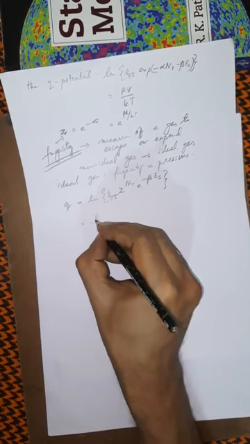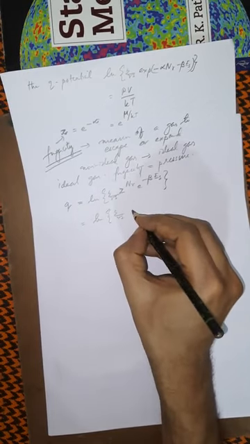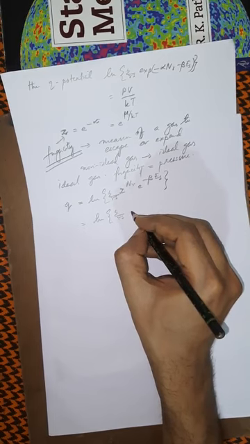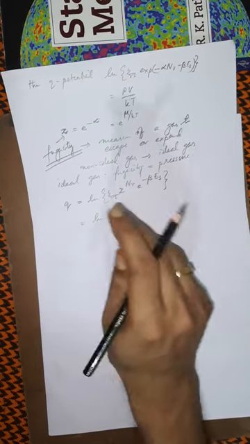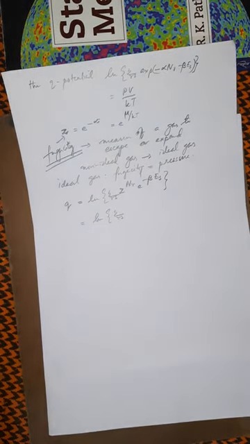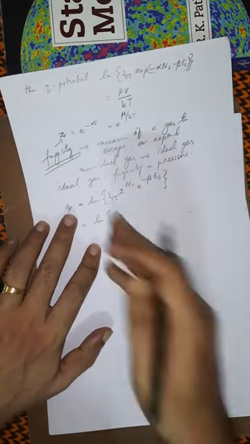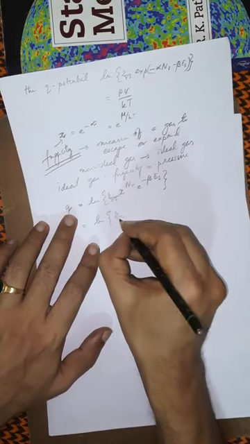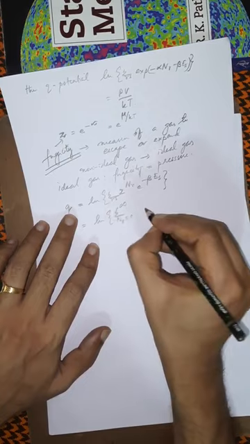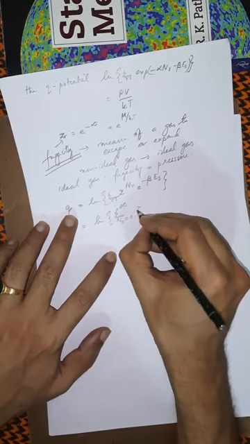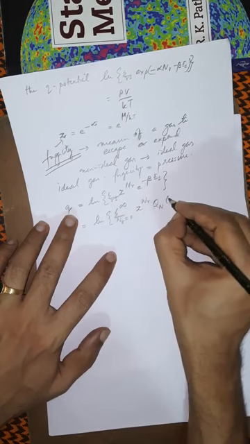This is equal to ln of the sum over nr equal to 0 to infinity of z raised to nr times Q n v t.